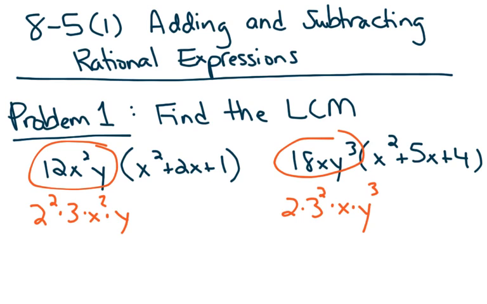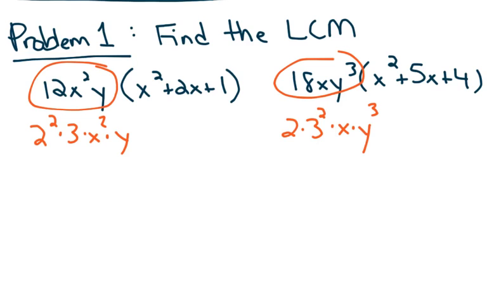The way the least common multiple worked is we took each factor and took the largest exponent of each factor. Now when I say each factor, I mean 2 is a factor, 3 is a factor, x is a factor, and y is a factor. The question is, what's the largest exponent of that factor in either prime factorization?